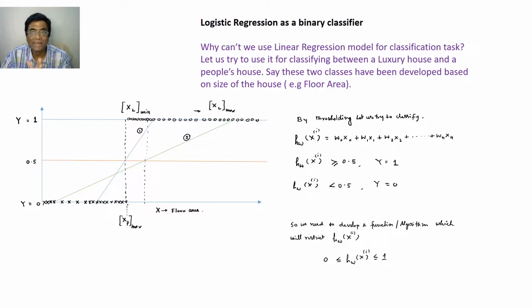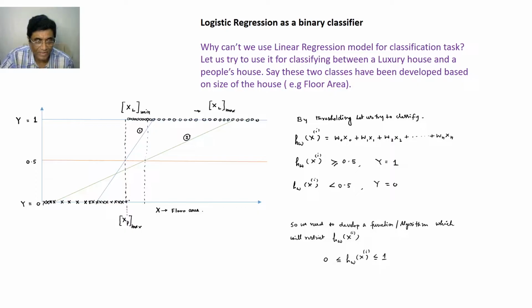Just like in our grading system, where beyond 50 one should get a C grade, similarly here, greater than 800 square feet should be classified as a luxury house, and less than 800 square feet should be a people's house. This kind of classification formulation we'll have to do based on the data.